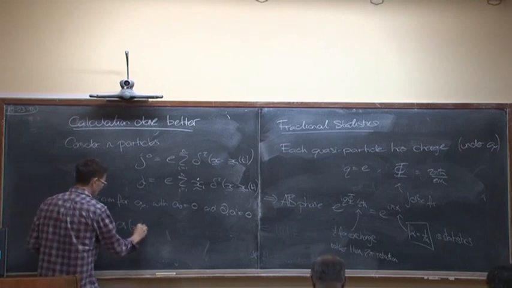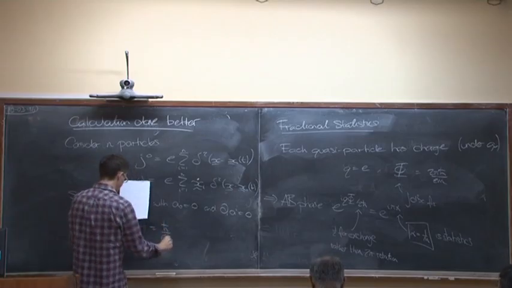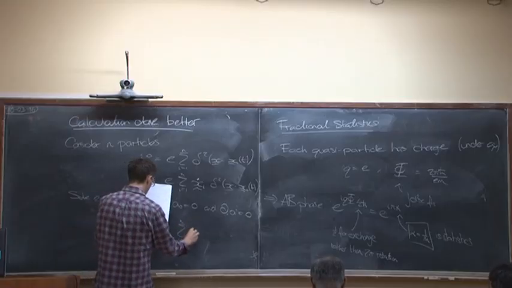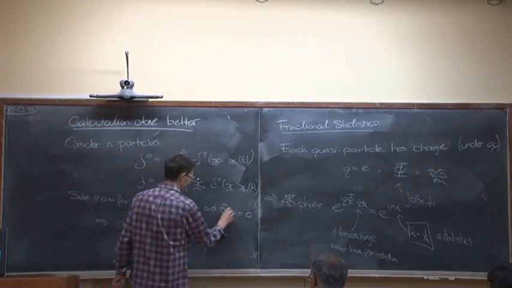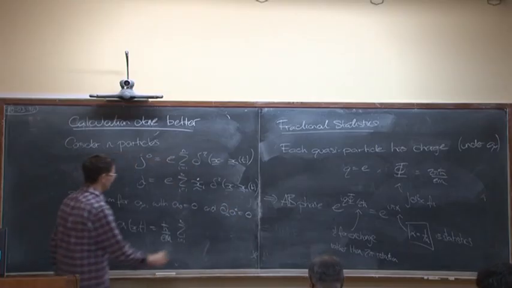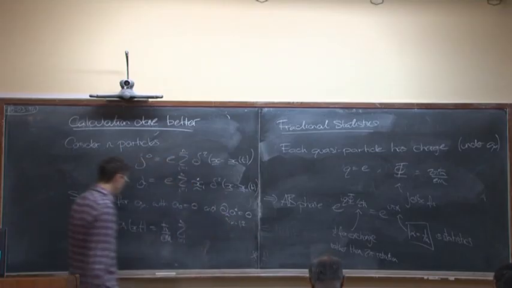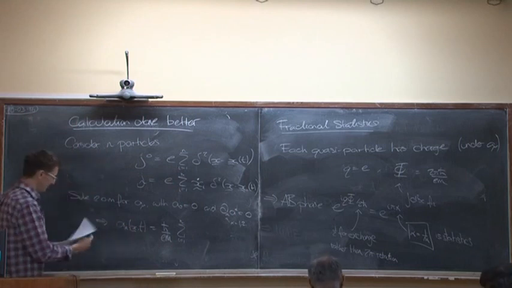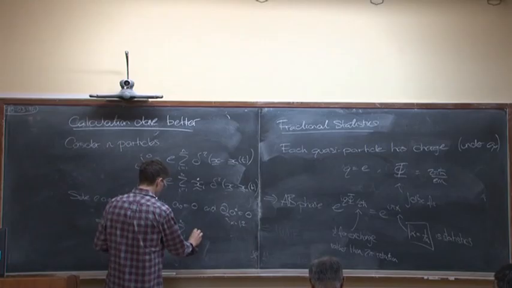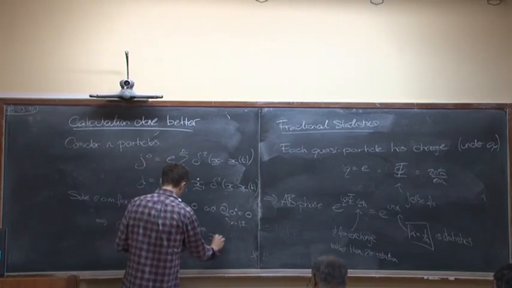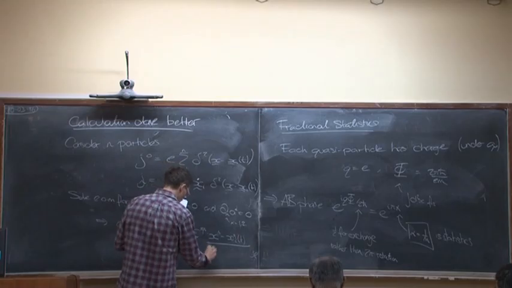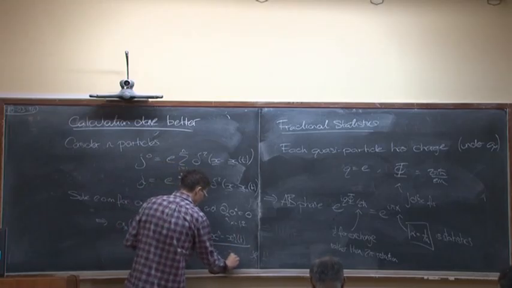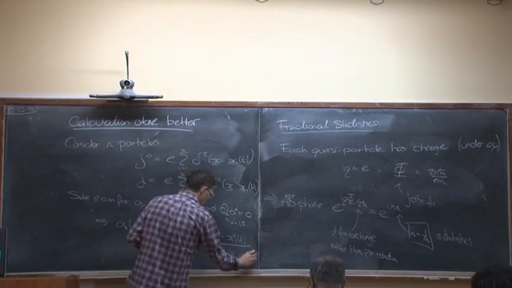And the solution, easy to check, A_alpha equals epsilon alpha beta (x minus xi)_beta over the modulus of x minus xi of t, squared, with x-dot i.